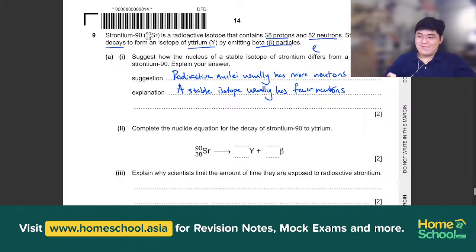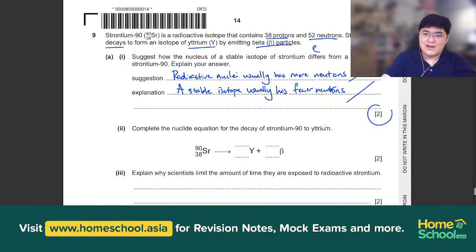And radioactive nuclei usually have many more neutrons. Having a good suggestion and a corresponding explanation will give you your full 2 marks.